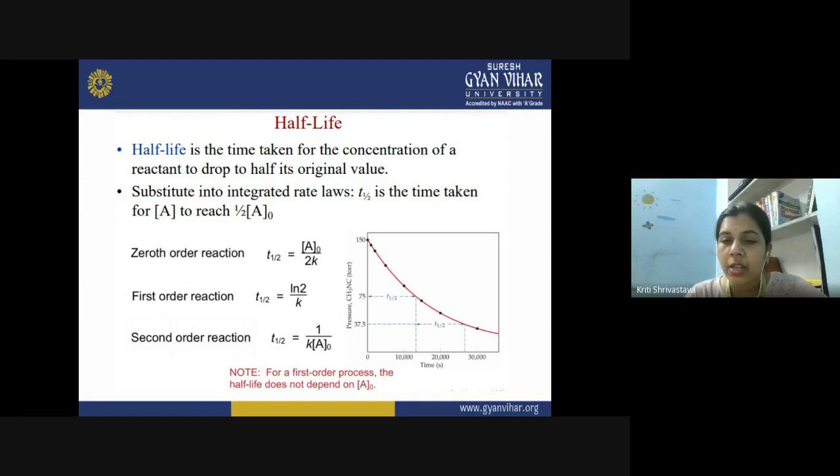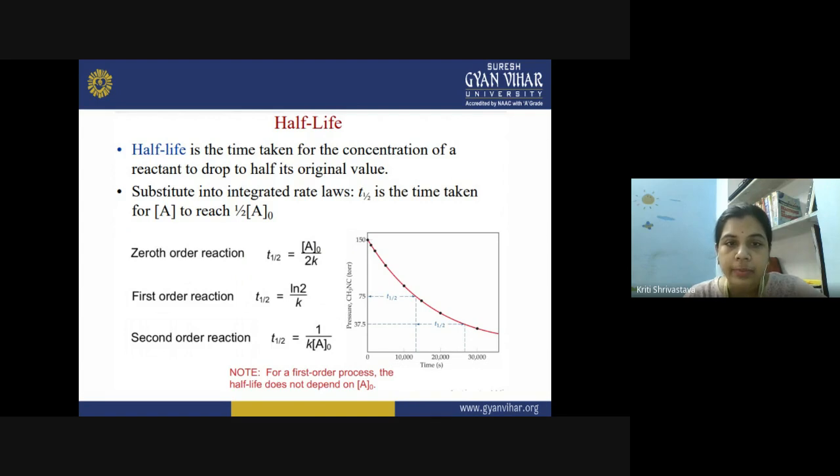If you measure the time required for the concentration of the reactant to become just half of its initial concentration, that is, for the 50% consumption of the reactant, then that time is called the half life. So half life is actually the time required for the concentration of the reactant to become just half of its original value.